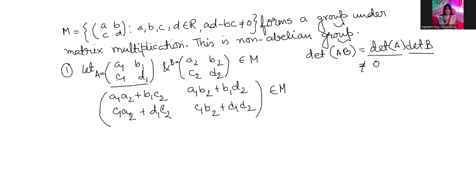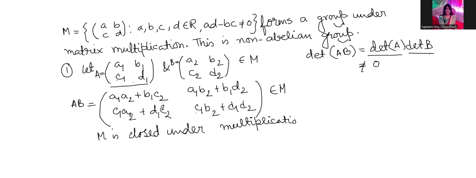So the matrix multiplication AB belongs to M. So the first condition is satisfied. That means M is closed under multiplication. Just follow this way to show that a set is a group. This is the first one.